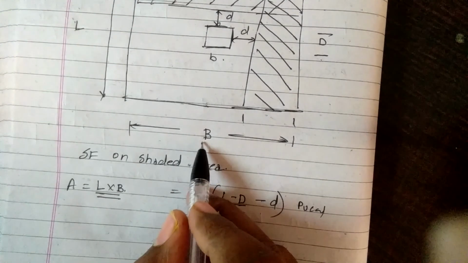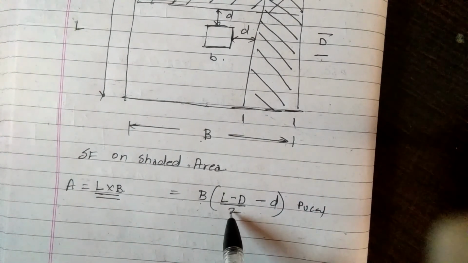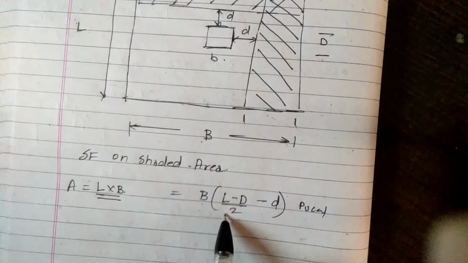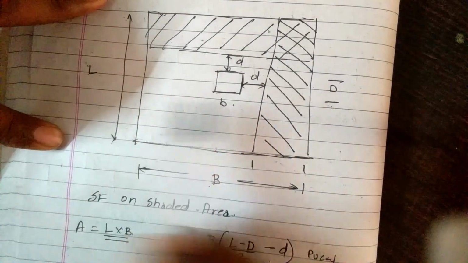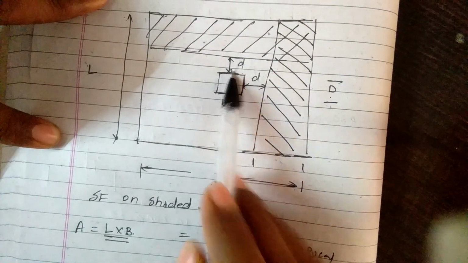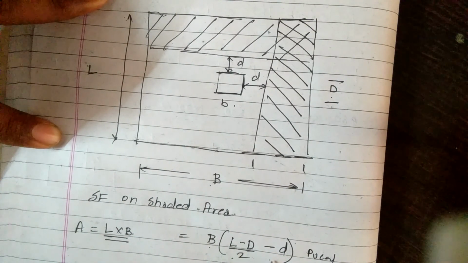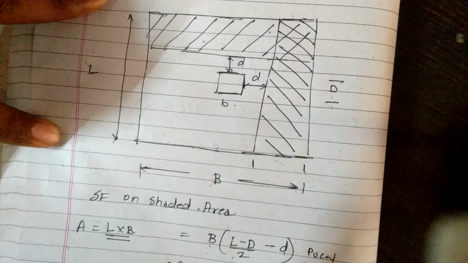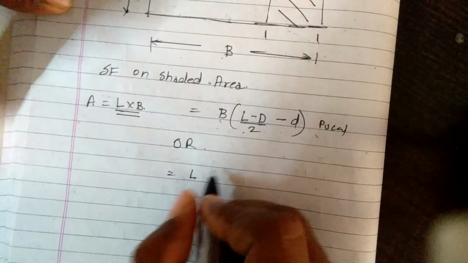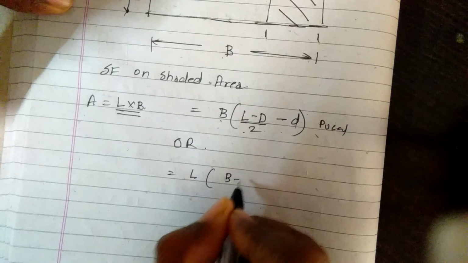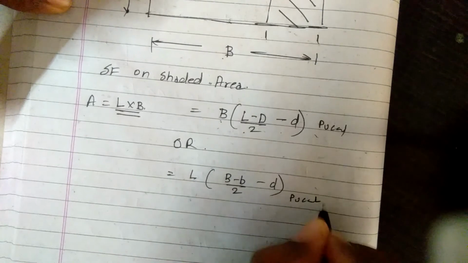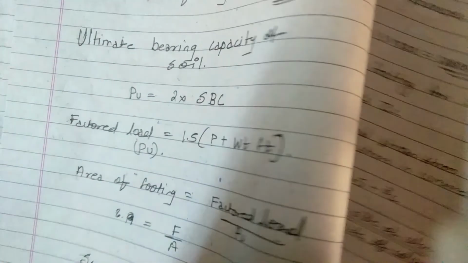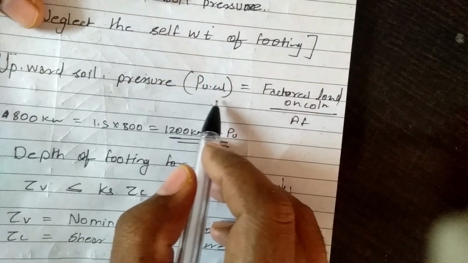Now the B distance, see the overall length, this distance minus this plus this, total minus into d. This is equal to L in bracket B minus small b divided by 2 minus d, PU calculated. Now PU calculated is the upward soil pressure.